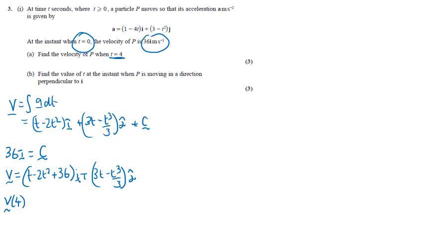So if we substitute t equals 4 in, I've got 4 minus 32 plus 36, that gives 8 in the i direction. And if we substitute 4 into the second part, I've got 3 times 4 is 12 minus 64 over 3. So that's going to give minus 28 over 3, if I work that out. Okay, so that's the first part done.